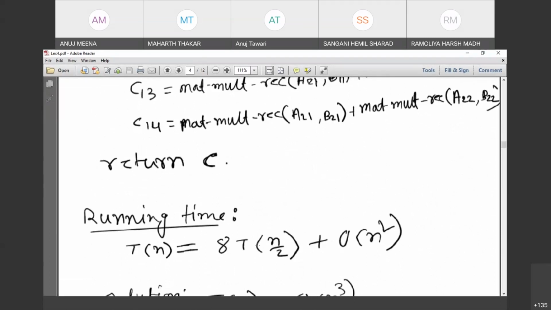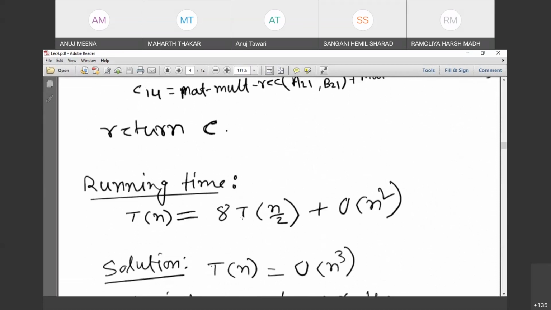And we know how to solve this kind of recurrence. You could use the master theorem or the recursion tree method. It is easy to see that this recurrence has solution order n cubed, since this will be (n/2) whole cube multiplied by 8.